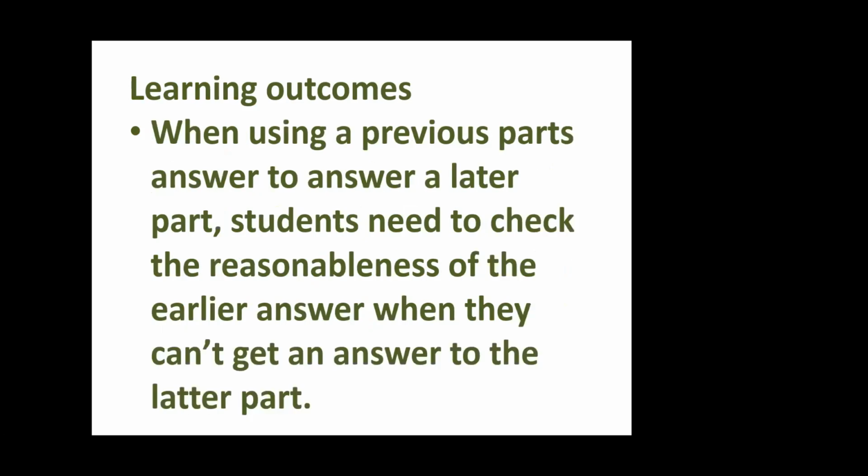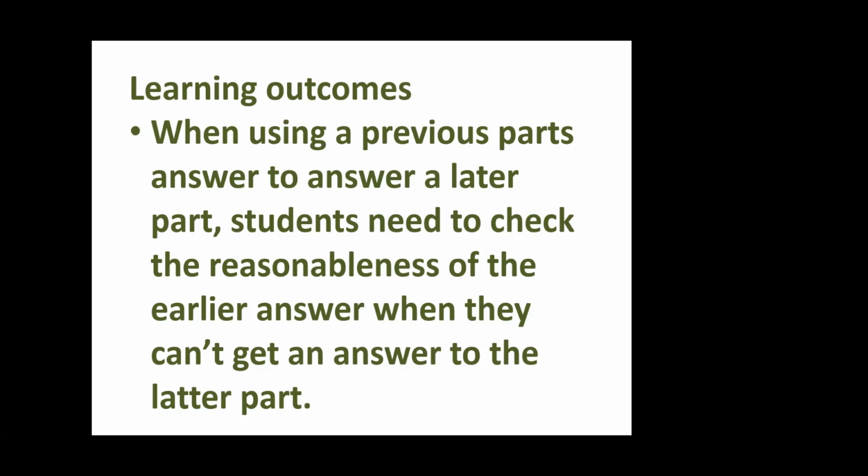When using a previous part answer to answer a latter part, students need to check the reasonableness of the earlier answer when they can't get an answer to the latter part. So many of them got a situation where in part B, it was never going to marry up, that the two costs would equal. It was always going to be that television B was getting further and further away from television A, which should have triggered, hey, this says how long will it take?